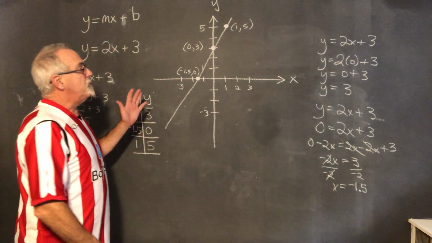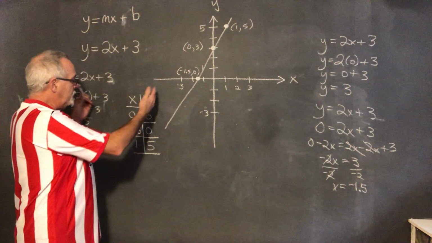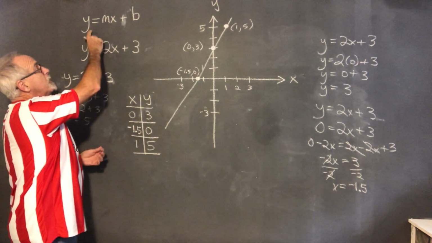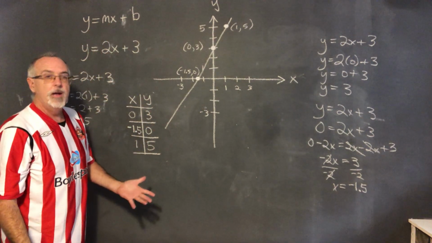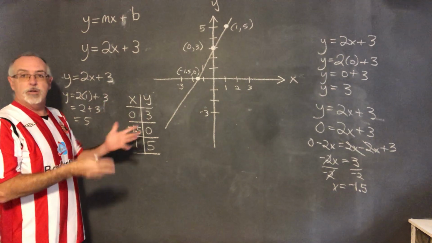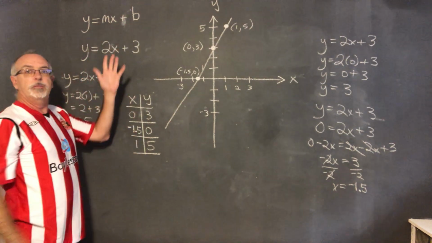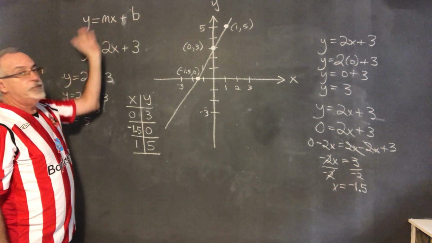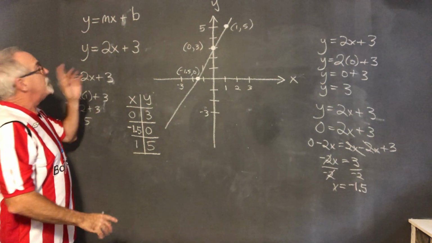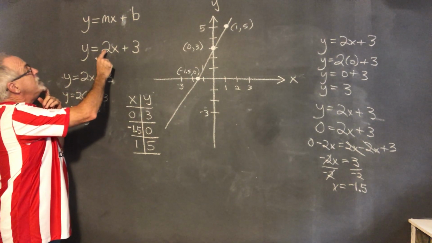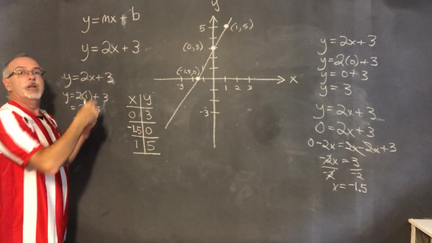So I want to go back now. Now that I've done this example, I want to go back and take a look at what we started with. We started with the y equals mx plus b form of the equation, and this is the equation of a straight line. Straight lines will usually always be able to be expressed in this form, and the number that's in the m position is our slope.